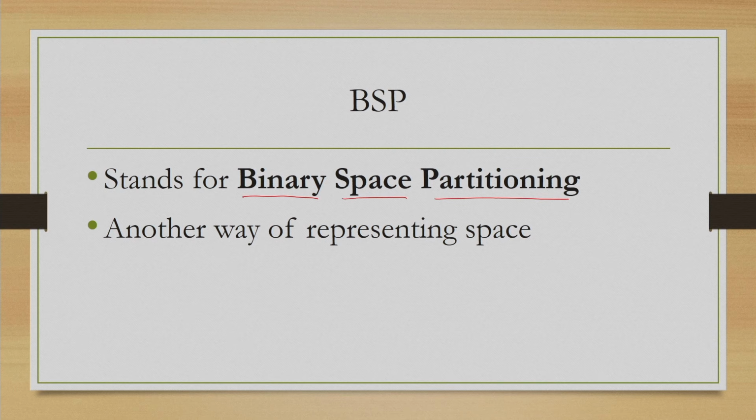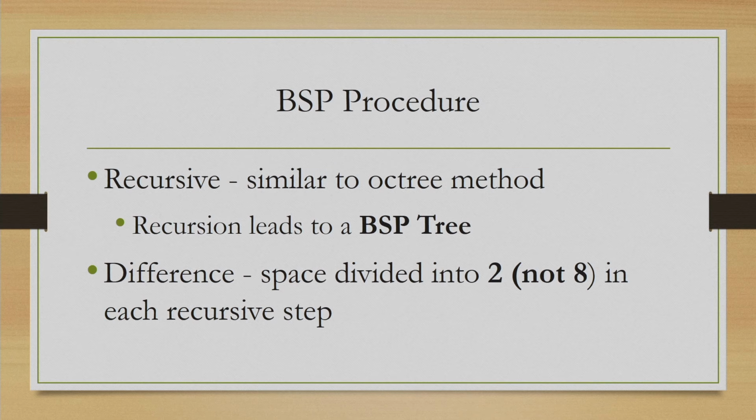So, what does it do? In the octree, we have done some recursive partitioning of space. In the BSP tree, we follow similar recursion. That is, we are given a space, we divide it into subspaces and then divide the subspaces again and continue till some condition is met.